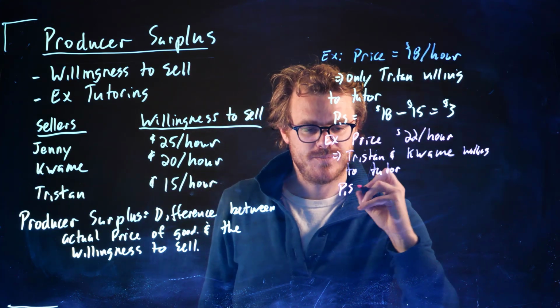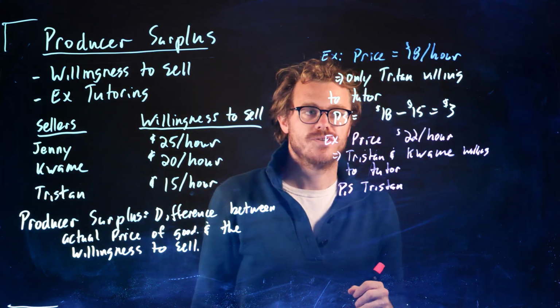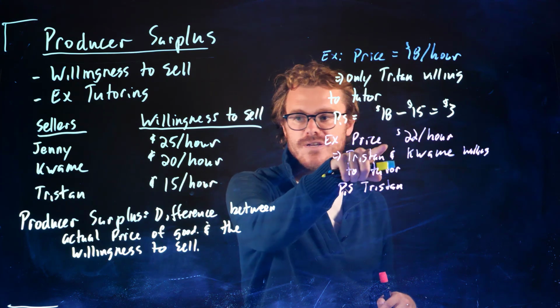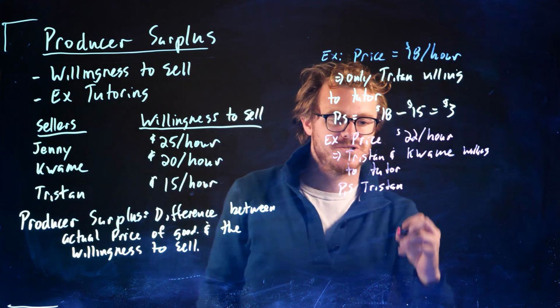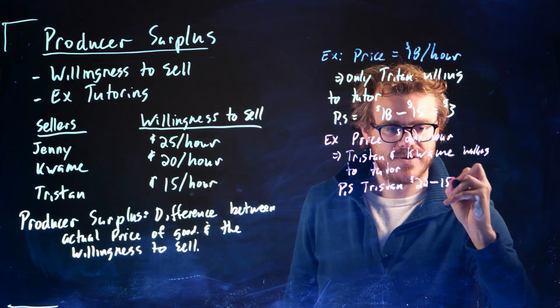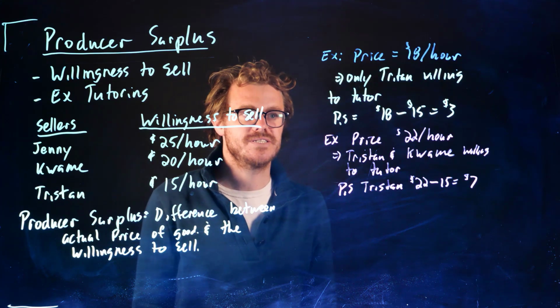And the producer surplus for Tristan has gone up. So the price has gone up, and we're going to notice the producer surplus for Tristan has gone up. So now the price is $22 an hour. They're willing to do it for $15, so it's now $7 in producer surplus for Tristan.